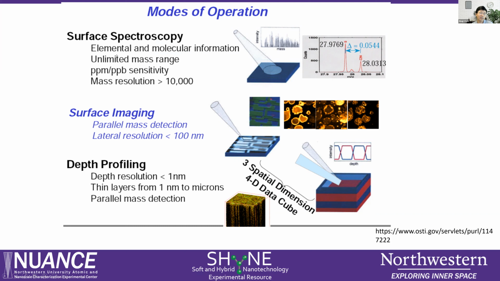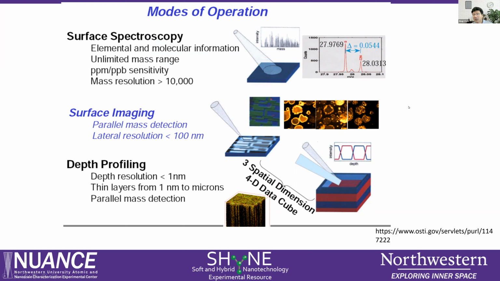For example, not just atoms but fragments like carbon and hydrogen, where 2 or 3 elements are bound together, like a polymer fragment. This molecular information can be obtained. Secondly, it is quite sensitive. Even small contamination, small traces, small dopants can be detected. Third, the mass resolution is pretty high.